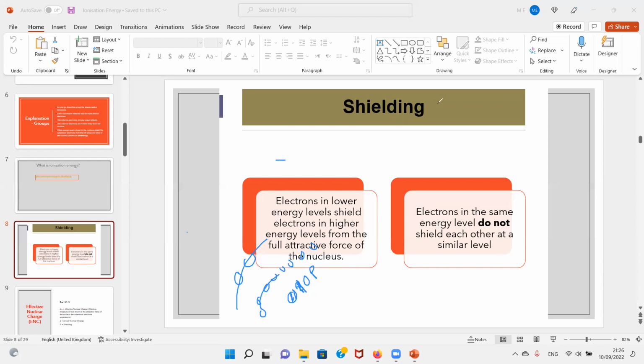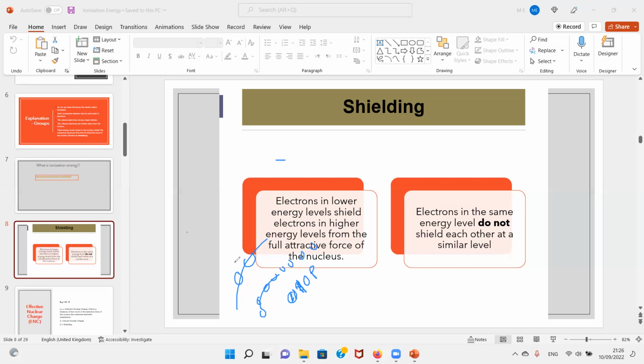So the shielding effect is when the core electrons shield some of the nuclear charge from reaching the valence electrons, and therefore the valence electrons will not see the full positive charge as the other electrons do.